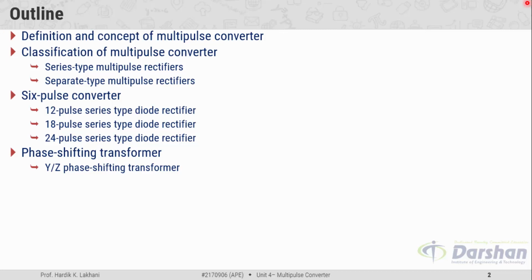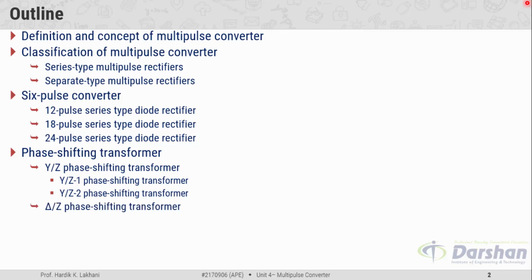In a phase shifting transformer, if the primary winding is in star fashion and the secondary winding is in zigzag fashion, then that phase shifting transformer is known as YZ phase shifting transformer. Based on which type of Z winding we have on the secondary side, we can classify the YZ phase shifting transformer into two ways: the first is YZ1 and the second is YZ2 phase shifting transformer.